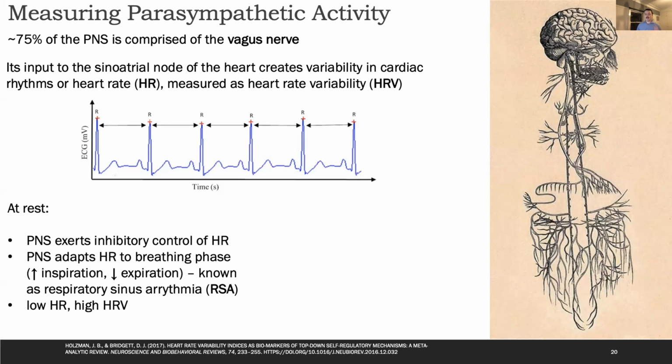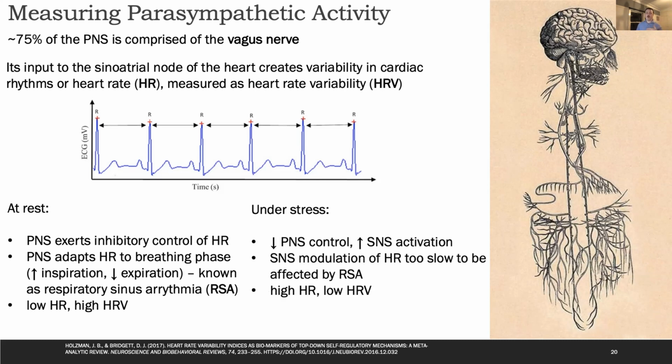But what's perhaps more interesting is that it increases how variable your heart rate is. What I mean by that is it changes the heart from less of a tick-tock metronome and makes the actual heartbeats themselves more variable in their timing. So in this way, we can measure parasympathetic nervous system activity by how variable the heart rate is.